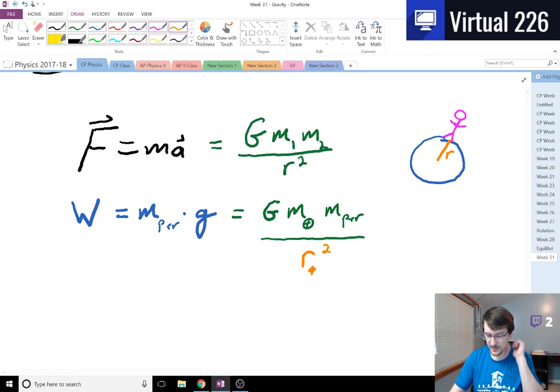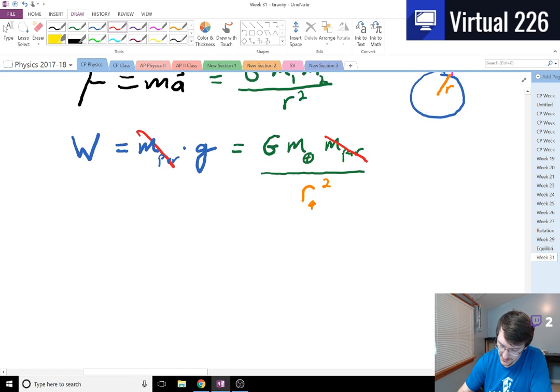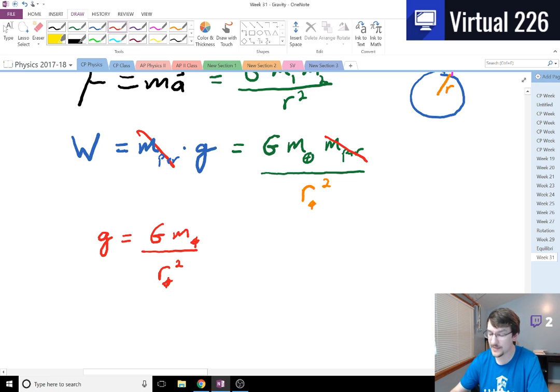But it's GMm over r squared. What we can do with this is we're going to notice very quickly that the mass of the person ends up dividing out here. And we end up seeing that gravity, this little g, is equal to just G times the mass of the Earth divided by the radius of the Earth squared. And that would be the amount of gravity at the surface of the Earth.